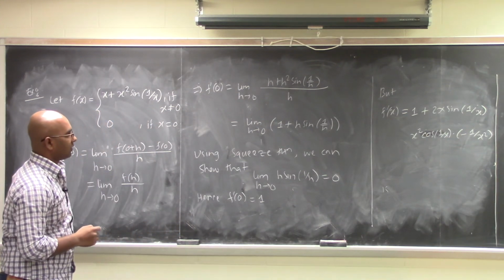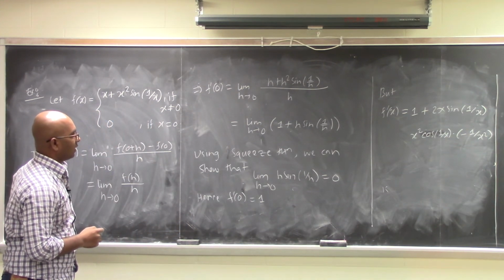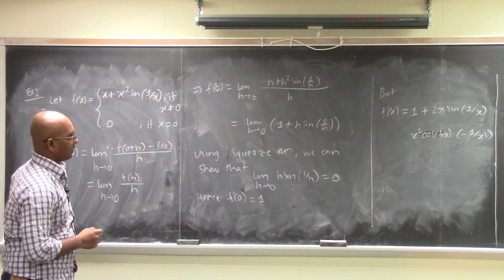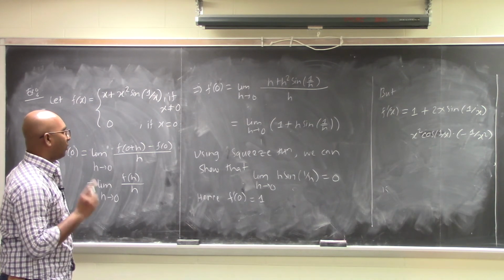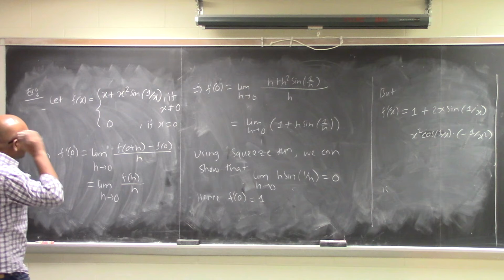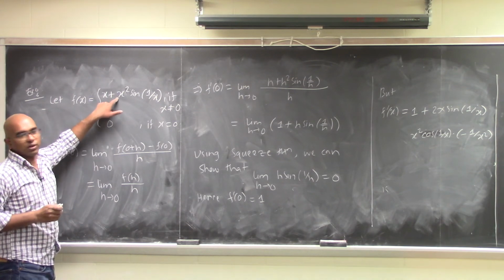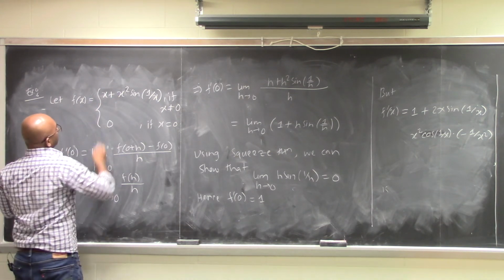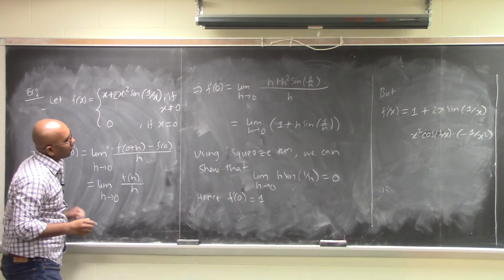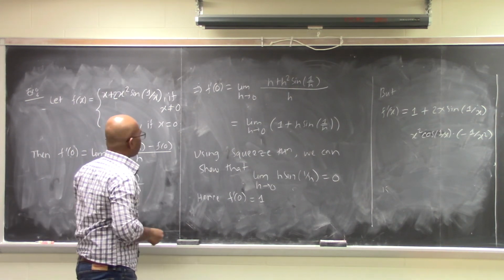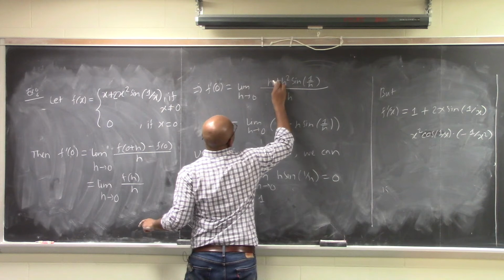So this is going to be negative cosine 1 over x. Oh, yeah, sorry, I forgot one constant, so I need to put a 2 over here, 2x squared. Sorry about that.